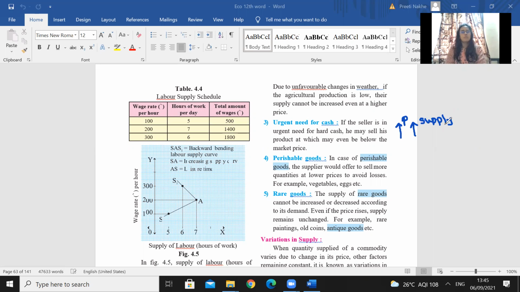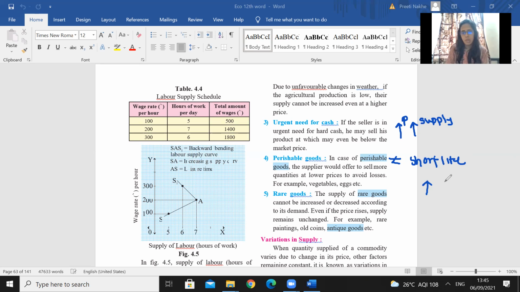Then we have perishable goods. Perishable goods are those goods which have a short life, for example milk, fruits, vegetables. In this case you will not wait.